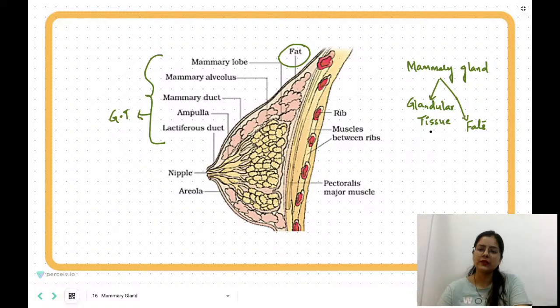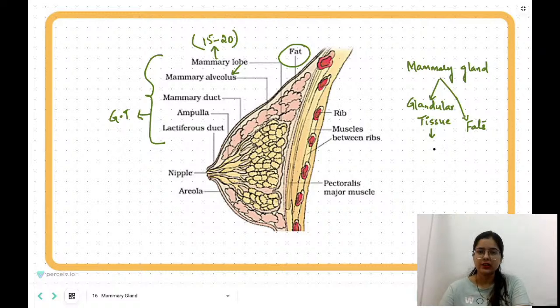Now, the glandular tissue starts with, or basically comprises, around 15 to 20 mammary lobes. So you can see over here that it starts with mammary lobes, which are approximately 15 to 20 in number. And these mammary lobes ultimately result in a cell called alveolus, or alveoli.